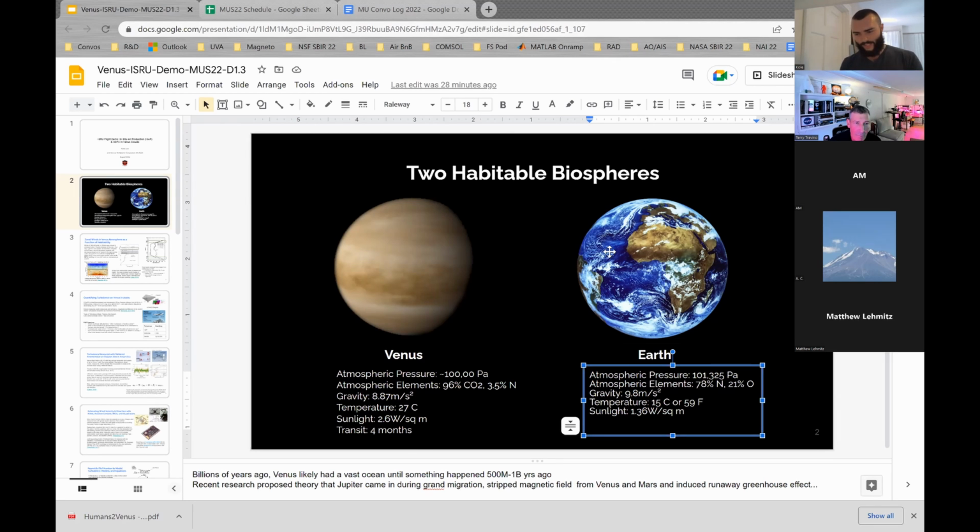And to really put on our critical thinking caps in terms of how else this Grand Migration influenced other celestial bodies and other star systems too.